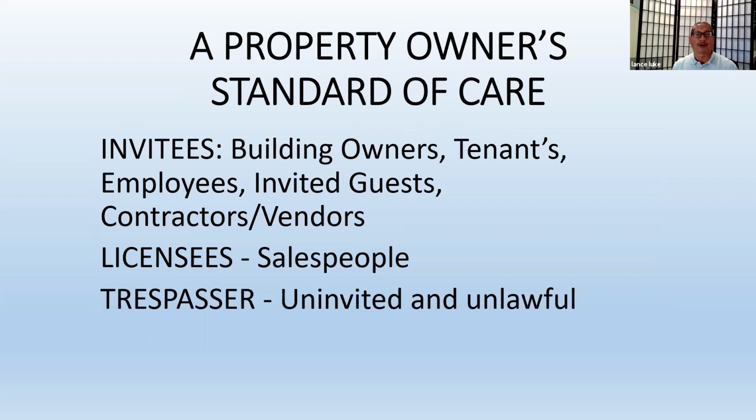Invitees are people who are allowed or invited into a building, such as the building owners, tenants, employees, and invited guests. Say you have an office building. The people who work in the building would be tenants, building owners, management, employees, or invited guests. And there's a standard of care that the property owner gives to these people.